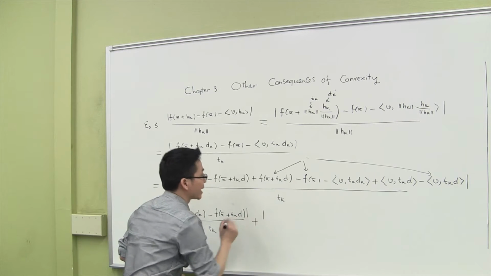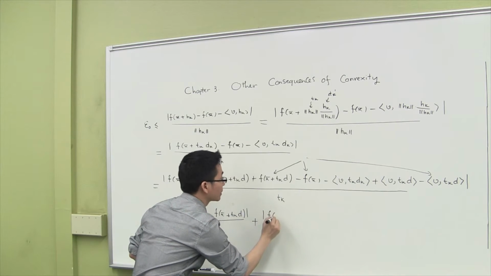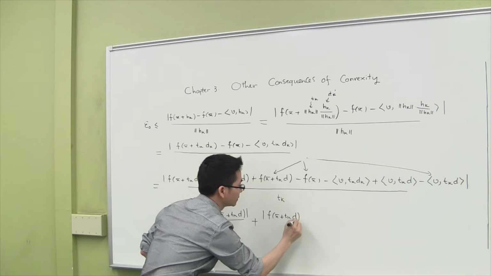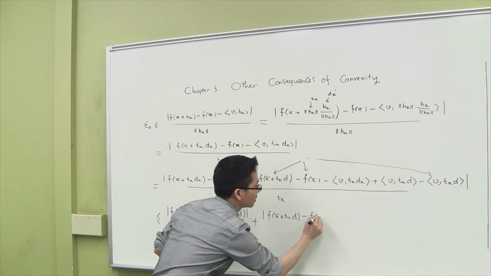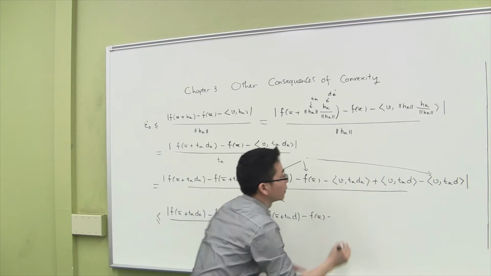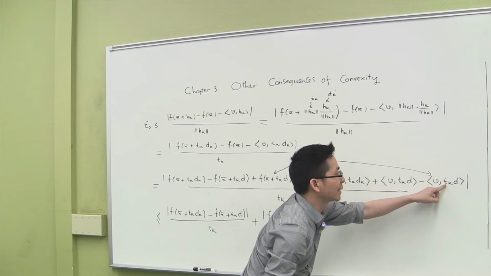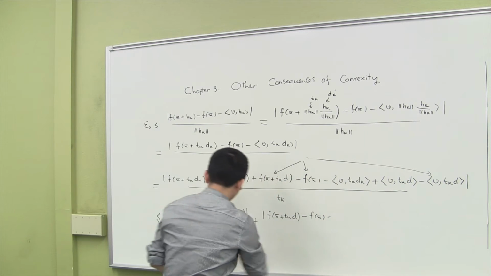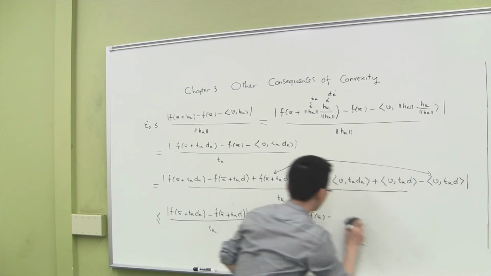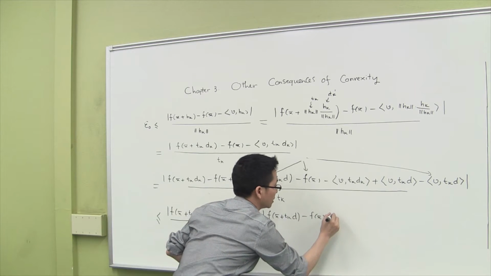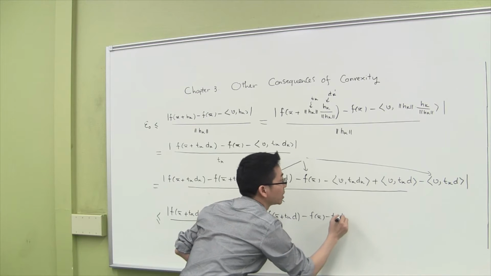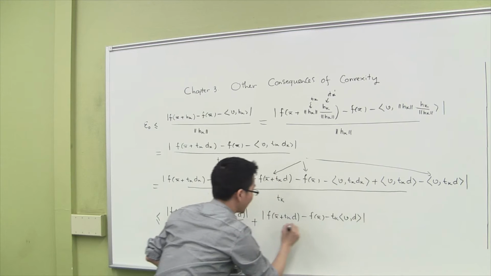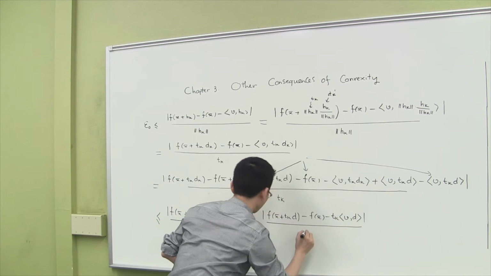It will be the absolute value of f of x bar plus tk times d minus f of x bar minus, for the last term, we can take tk out of the inner product notation, so we subtract tk times the inner product of v and d. Everything is divided by tk.